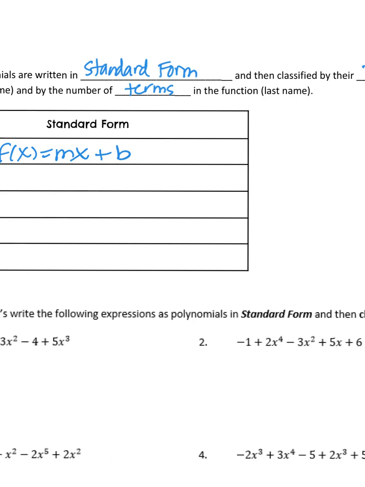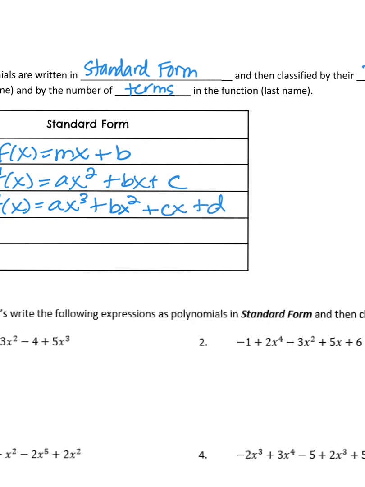Standard form of a quadratic function we know from Unit 2 is ax squared plus bx plus c. Standard form of a cubic function, you'll start to notice a pattern, is ax cubed plus bx squared plus cx plus d.